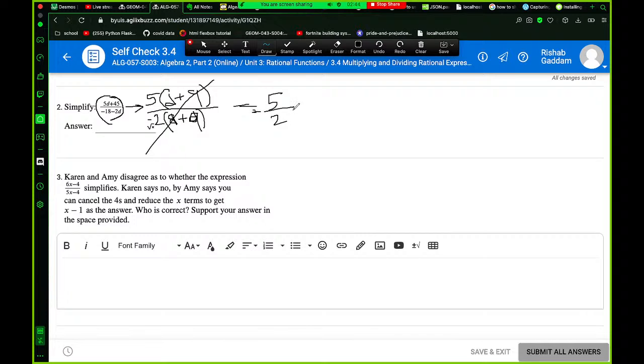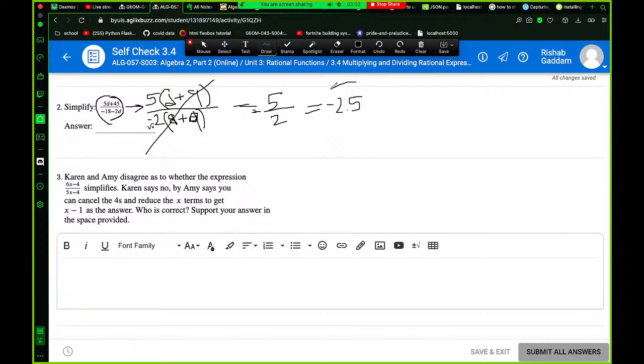So it's 5 over negative 2, right? Yeah, negative 5 over 2. Wait, no, it's 5 over negative 2. There's no difference, it's the same thing. Oh, okay. So it's just 5 over negative 2, or negative 2.5.